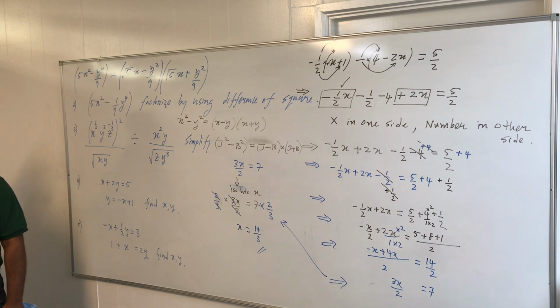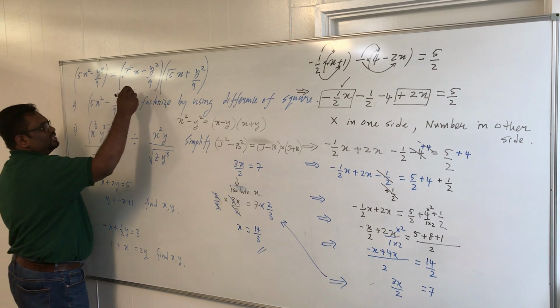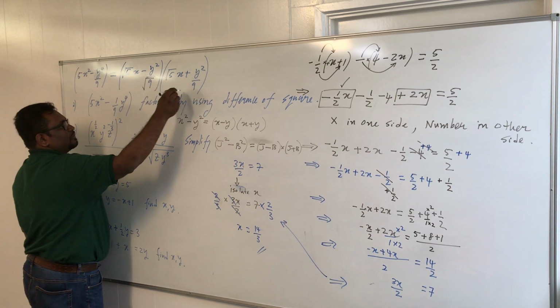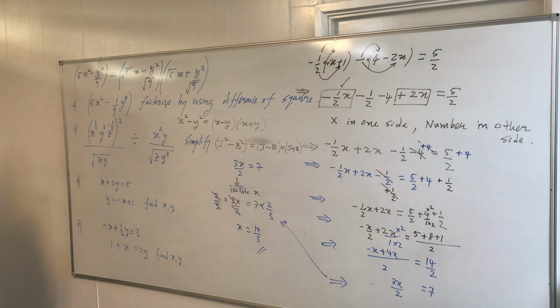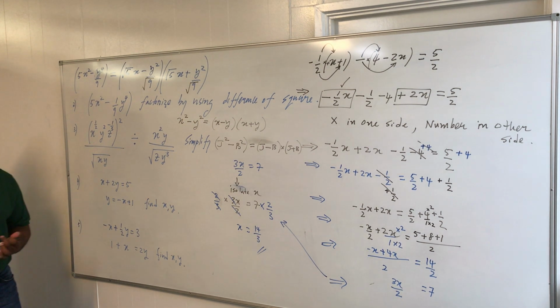Don't leave square root 9. What do you mean by what happened to y? What question was this? Okay, so the one Varun is saying is right, so this is the answer.